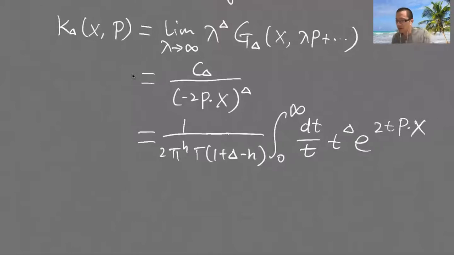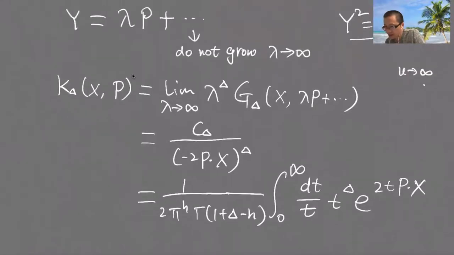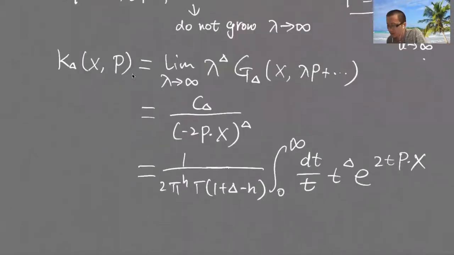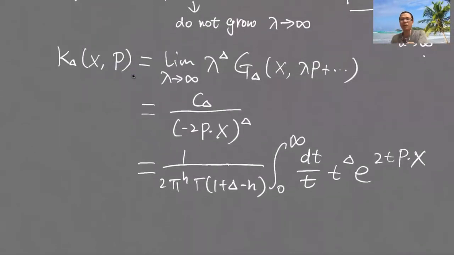So the bulk to boundary propagator is obviously much simpler than the bulk to bulk propagator. And as we said, it's a limit of the bulk to bulk propagator when you set one of the points to the boundary.